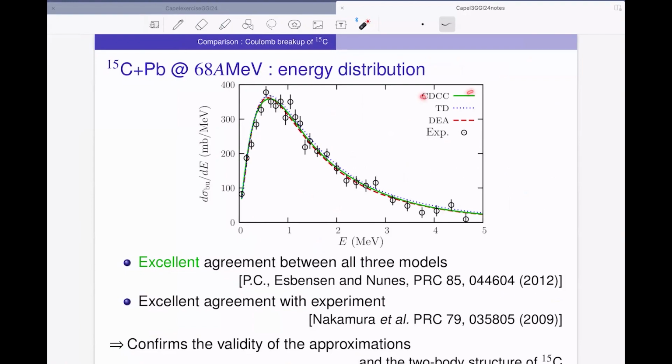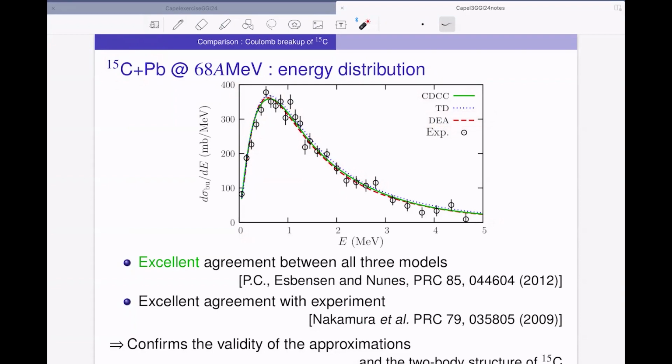So CDCC, that's the green solid line, the time-dependent approach by Henning in blue dotted line, and our dynamical eikonal approximation in red dashed line. This is the breakup cross section as a function of the energy for carbon-15. So that's the same data that I've shown before, with the same calculation by Henning. And we see that the three calculations are basically on top of each other.